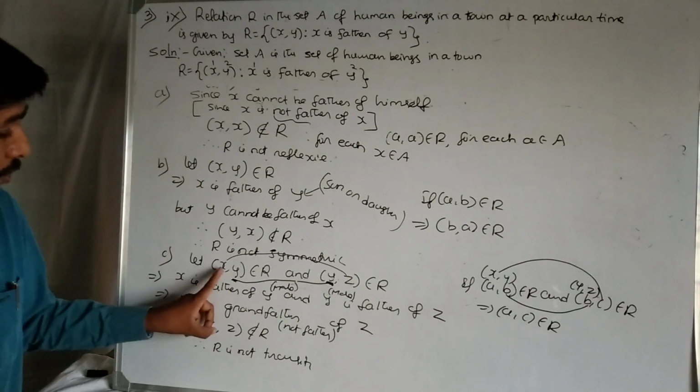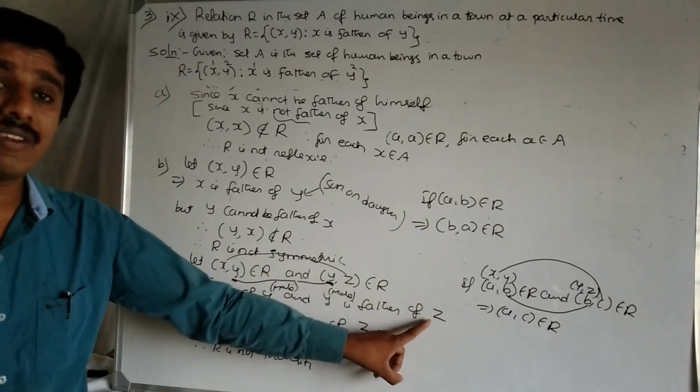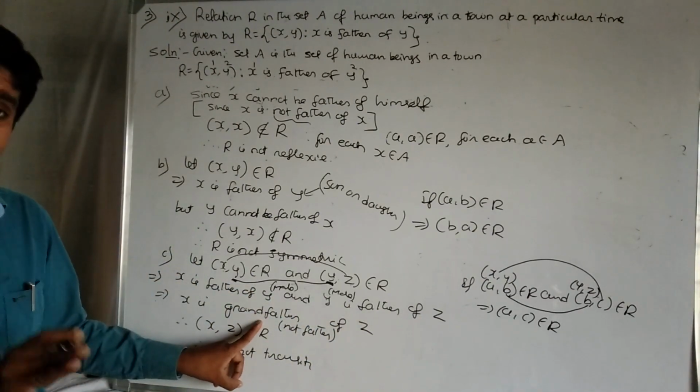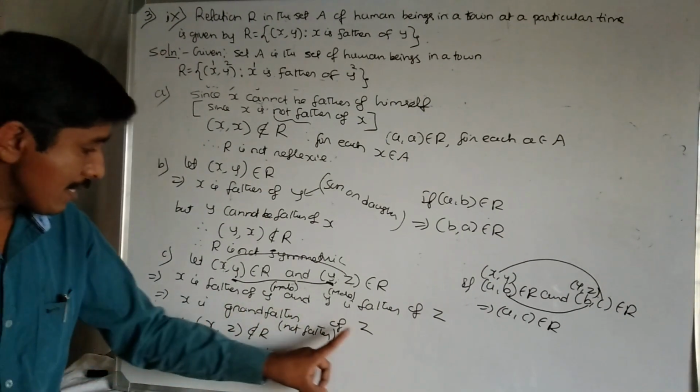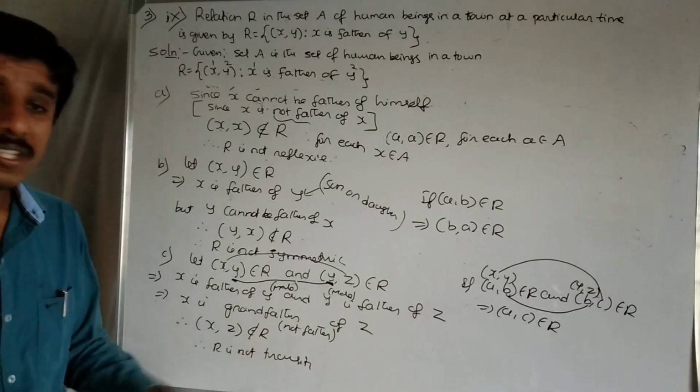Then x is clearly grandfather of z. Here the relation is father but not grandfather. Therefore, x comma z doesn't belong to the relation. Therefore, it is not transitive.